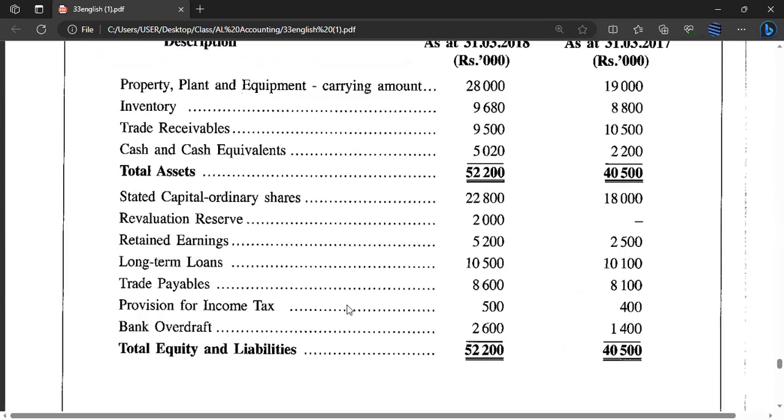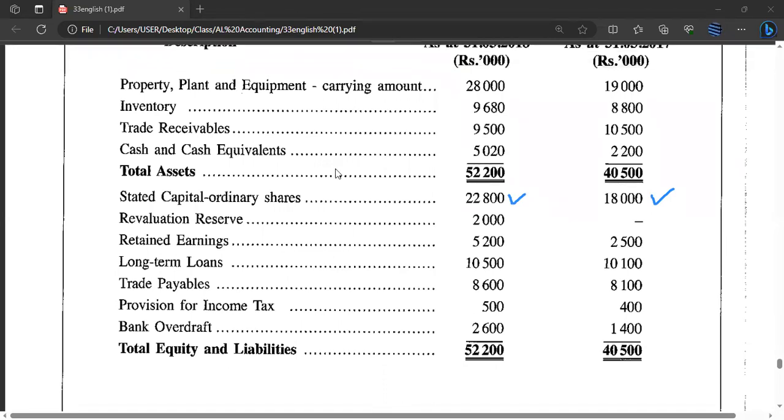So let us come to the stated capital, ordinary shares. Opening balance 18,000 and closing balance has been increased to 22,800. Means what is the difference, guys? So this 4,800 is the issue of shares. Cash proceeds from the issue of shares, 4,800.